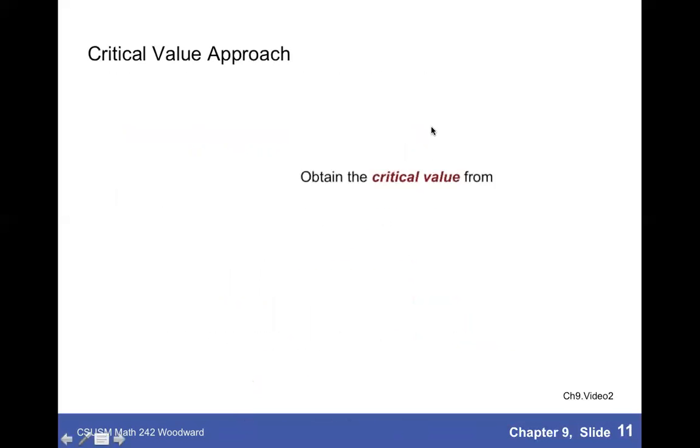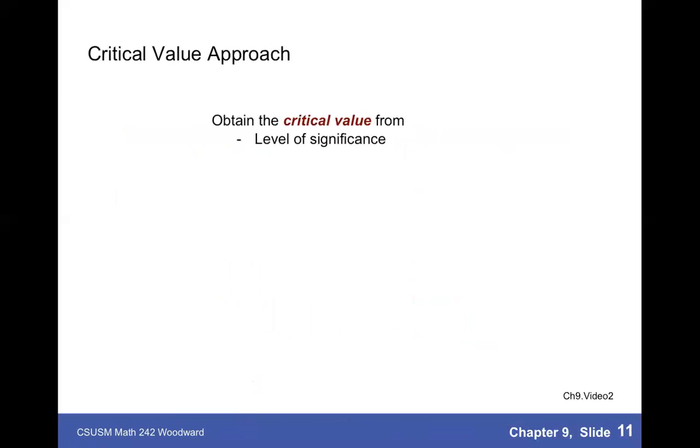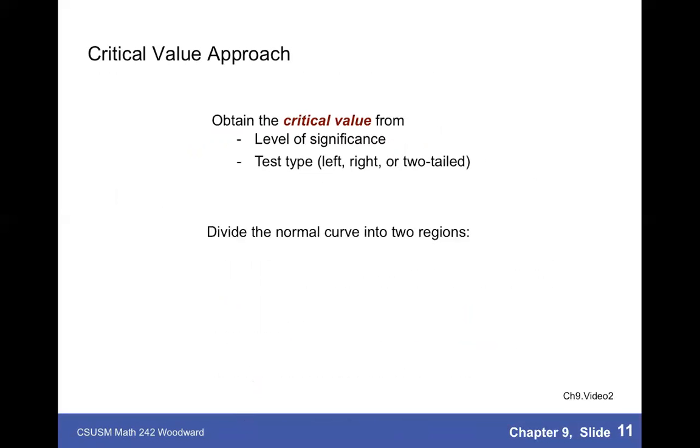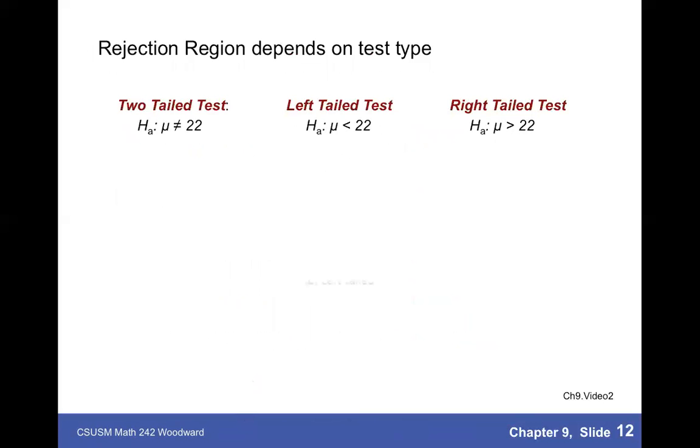And here's how you'd use the critical value method. We obtain that from the level of significance, the test type. Divide the normal curve into two regions, the rejection region and the do not reject region. And I'll show you how to do that. For a left tail test, here's my normal curve.